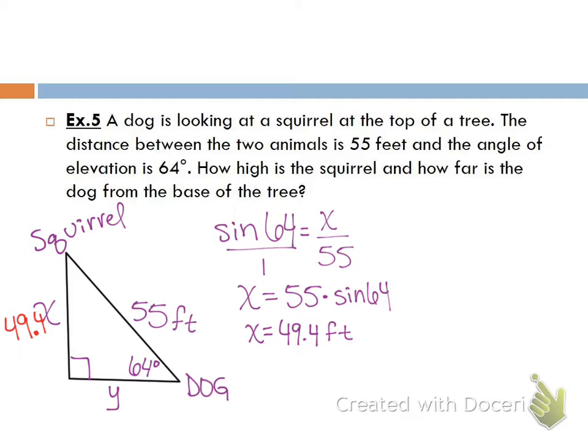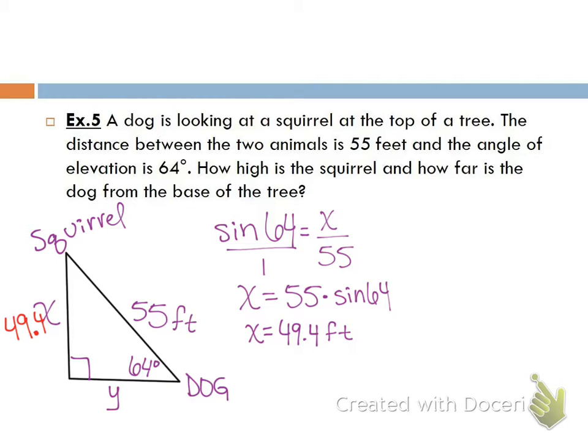The Pythagorean theorem. Now, I don't recommend that when you have to round one of your sides. Because then you're going to end up rounding again, and your answer might end up just a little bit off from what it's supposed to be. So I wouldn't recommend using a rounded number in Pythagorean theorem.